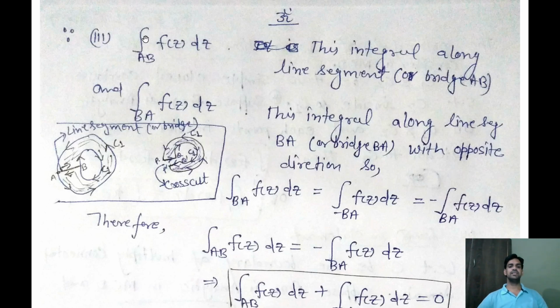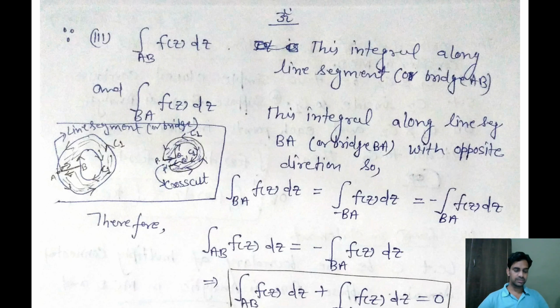Now this is the integral of f(z) along the line segment or bridge AB, or also we can say crosscut PQ. And this is the integral of f(z) along the line segment BA with opposite direction.